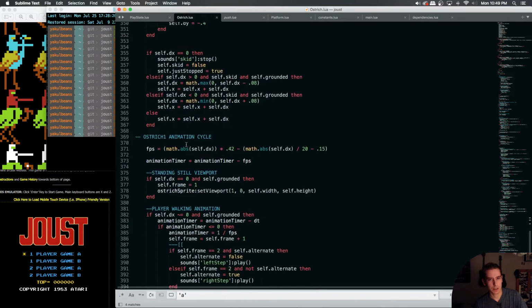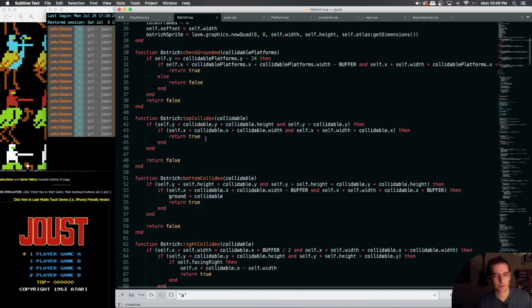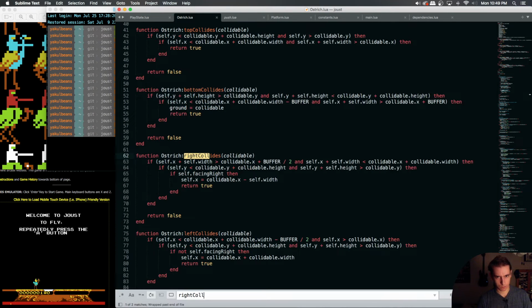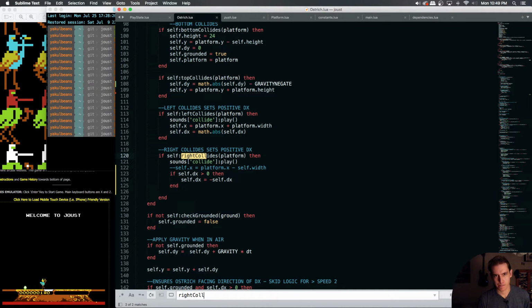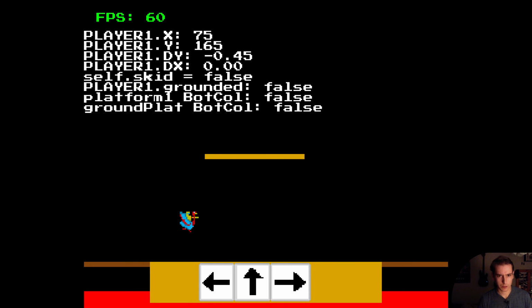I'm confused why that still looks like it's resetting our ostrich's X. This should be resetting our X position. So this should be the jarring one.